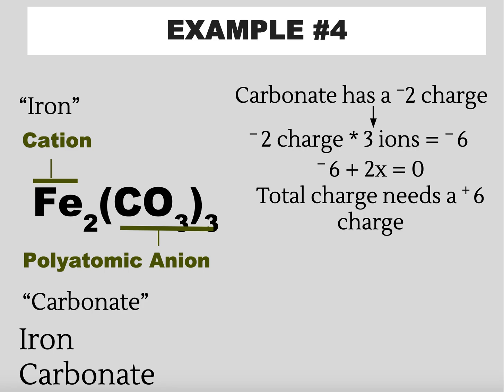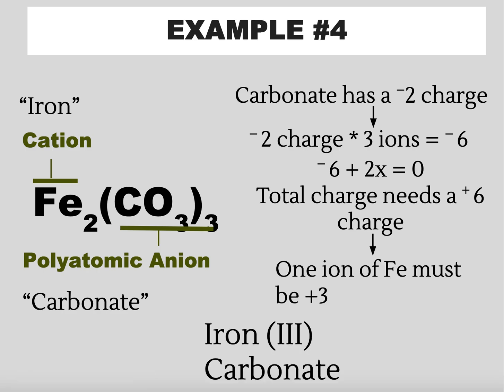So that means that the iron, the 2 irons, have to equal +6. So what does iron have to be so that 2 of them result in +6? And you guessed it, 3. So that's how I know it's iron with a Roman numeral 3 carbonate, and it's not iron with a Roman numeral 2.